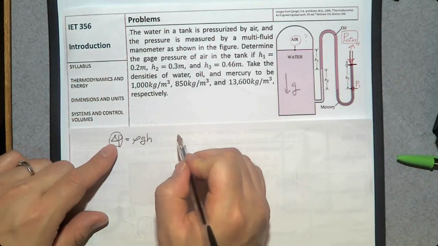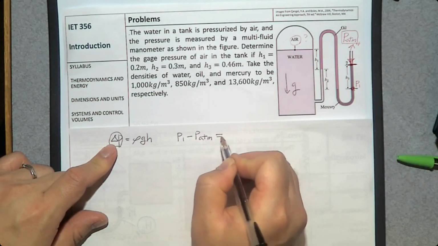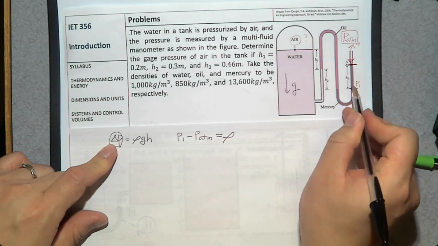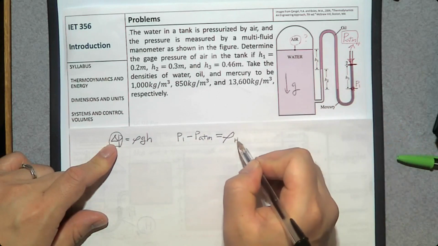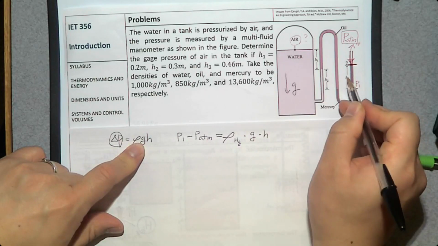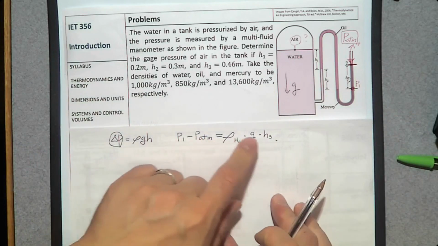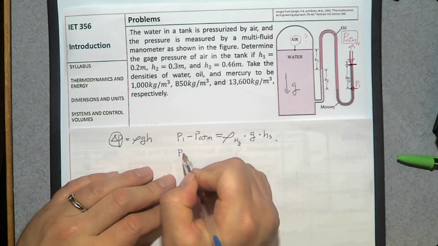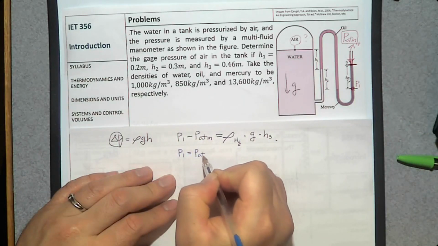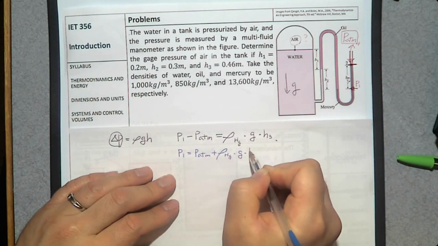So delta P is P1 minus PATM, which is the density of this liquid, mercury, Hg, times gravity times height, h3. In this way, we can determine P1. If you move PATM to the right-hand side, P1 is PATM plus density of mercury times gravity times H3.